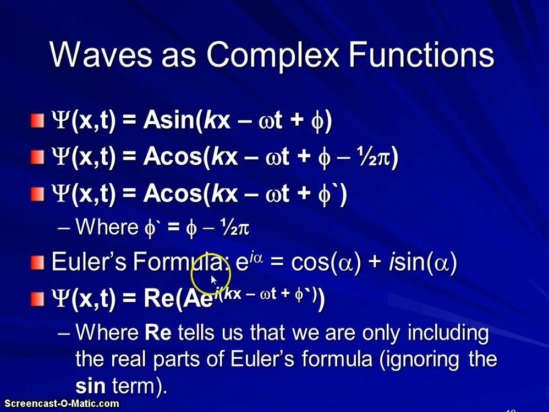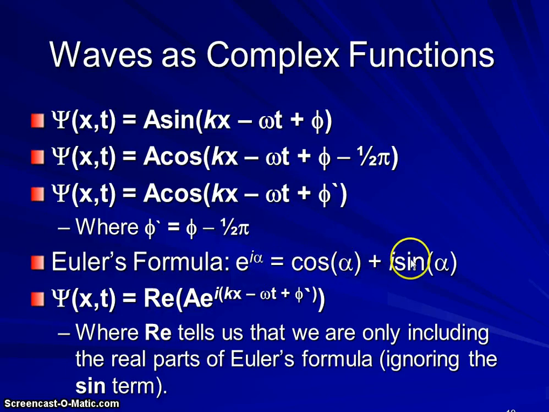But when we do that, we introduce complex numbers. We introduce the square root of -1 into the problem. When we write Re here, that tells us that we're only using the real part of Euler's formula.